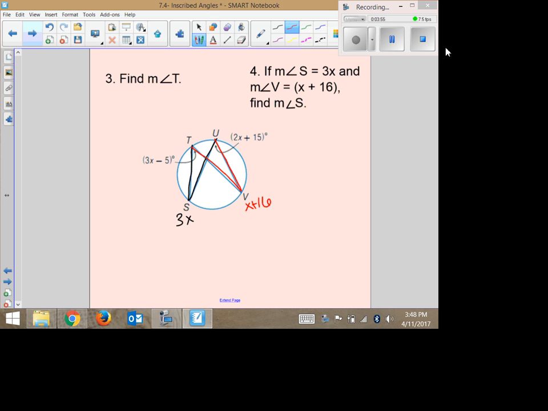So since they share arc TU, we know that S is congruent to V. So we can set 3x equal to x plus 16. So we'll get 2x to be 16. So x is 8. And then from there, we want to know what the measure of angle S is. So we can take 3 times our 8 to give us 24 degrees.